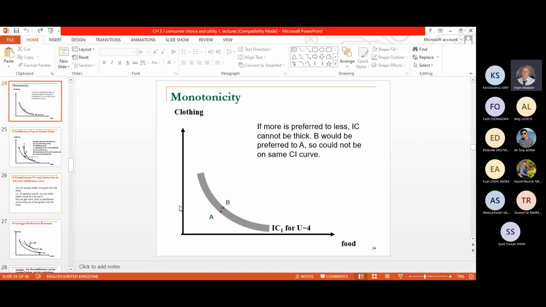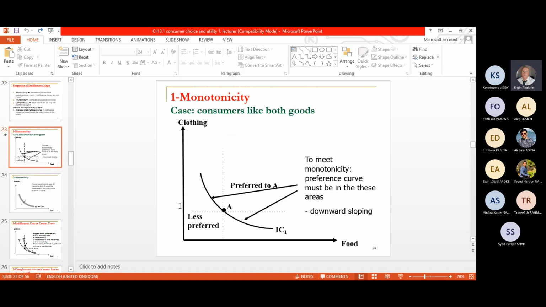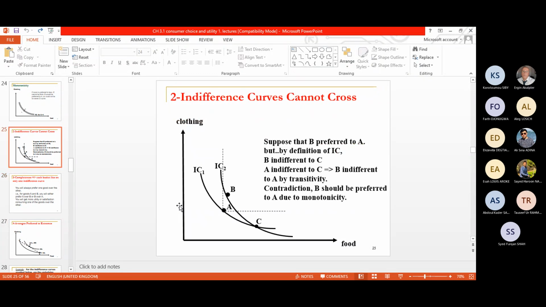And this is not possible. If the indifference curve is like this, it means you have all combinations at the same utility. But here you are observing that indifference curve 1 and indifference curve 2 are different. Indifference curve 2 is higher than indifference curve 1, isn't it? Yes. But as you are seeing, B is higher than A.